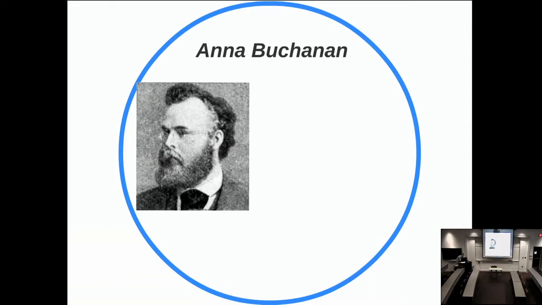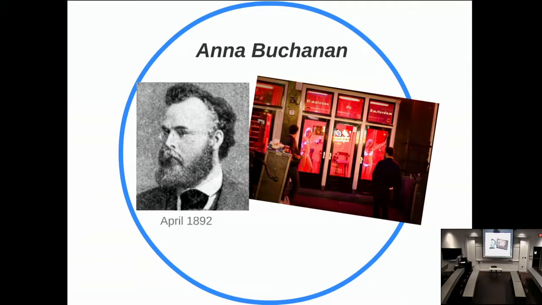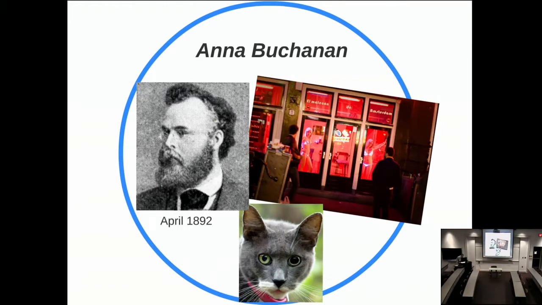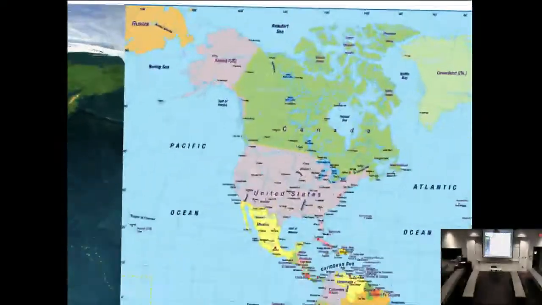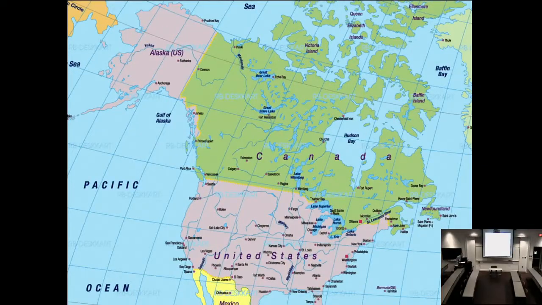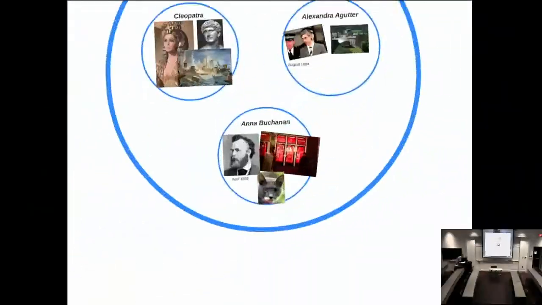Anna Buchanan was murdered by the man shown here, who was Dr. Robert Buchanan, who was her husband at the time. So Dr. Robert Buchanan actually divorced his first wife and then ended up getting married to a brothel proprietor. And so he was coming from Nova Scotia and coming across the border into the United States.